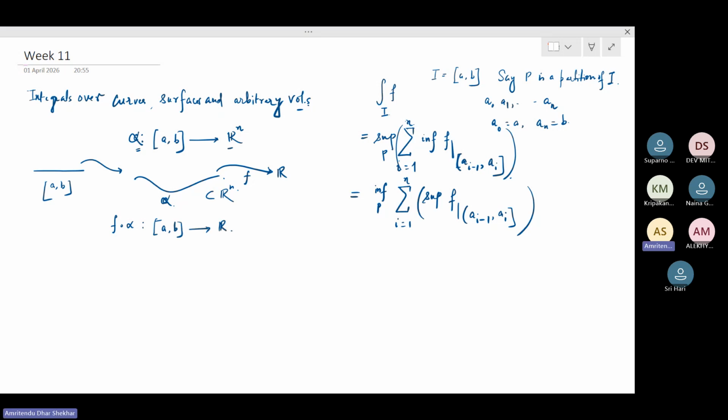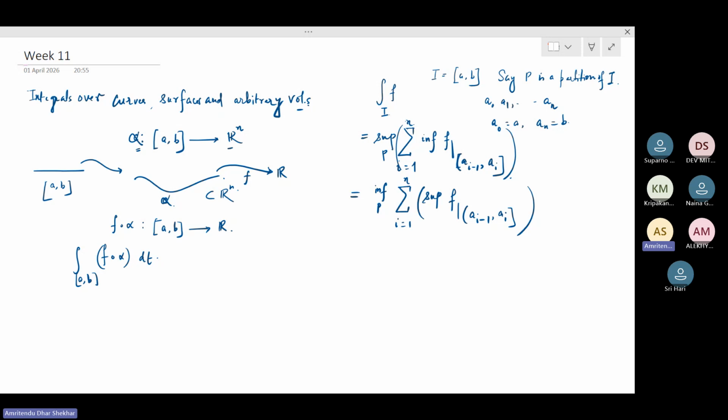Now, normally you could define the integral of the function f over this curve as just the integral over (a, b) of f∘alpha dt, because I have a map from (a, b) to R. But this is actually not well defined.